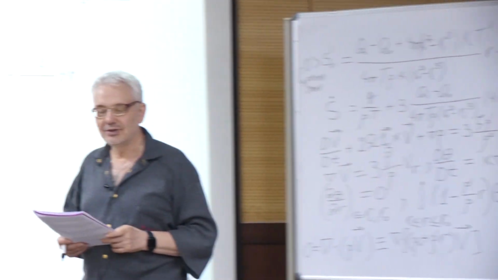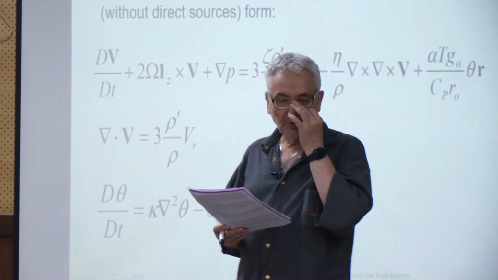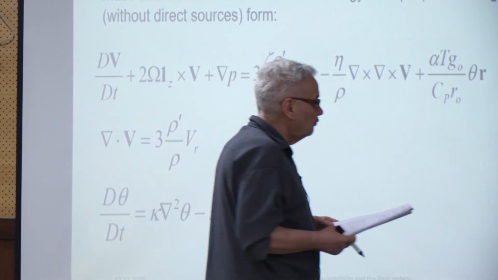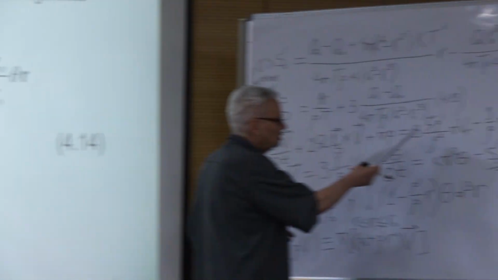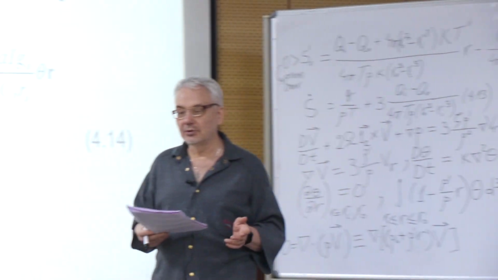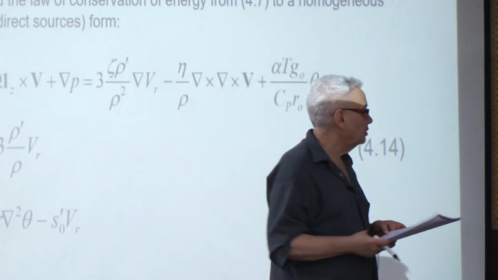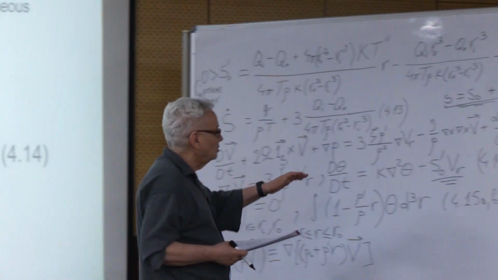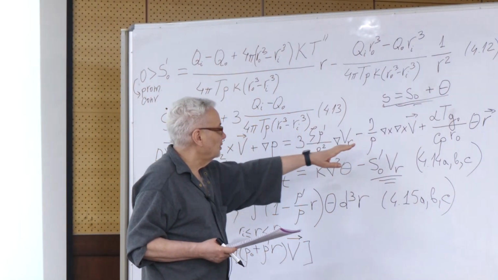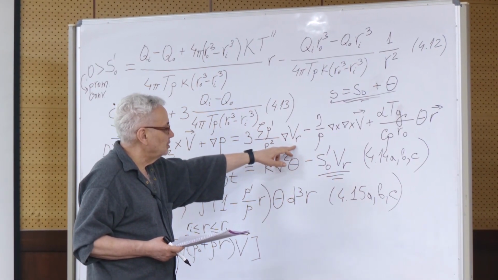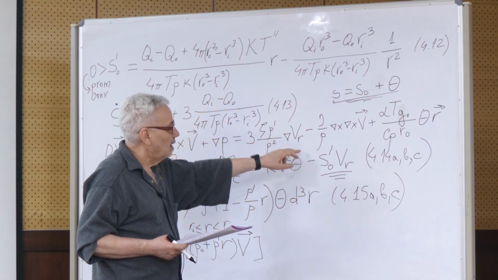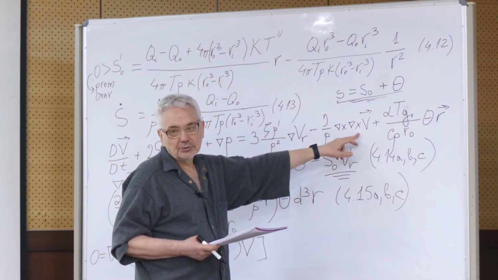Of course, in a terrestrial planet this is small, because here the variation of the density is just 10%. So it's normally at least 10 times lower than this one. But in fact even more, because effectively we have here just the gradient of the arc, and here we have double derivatives.